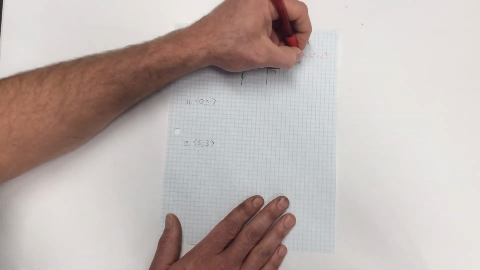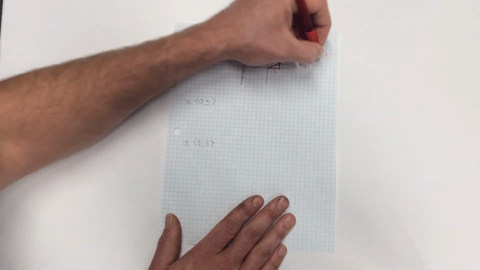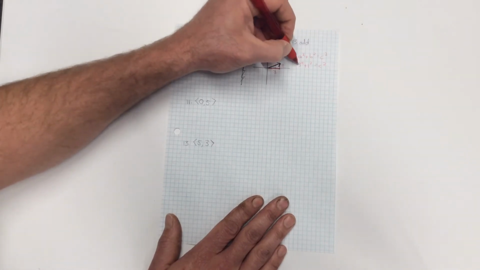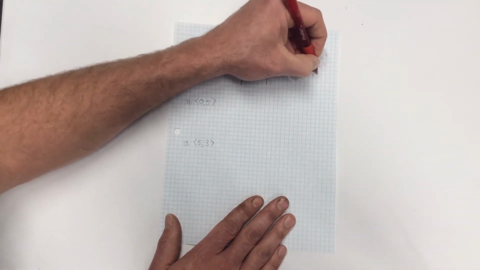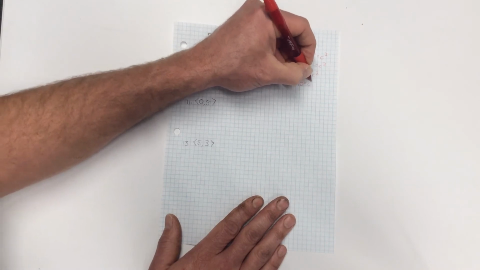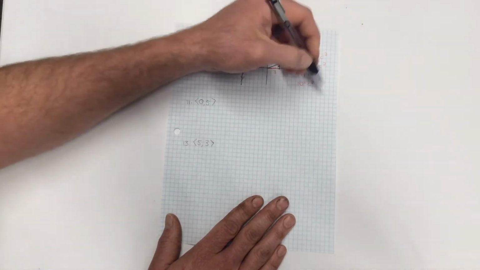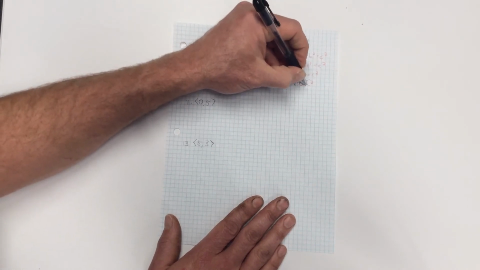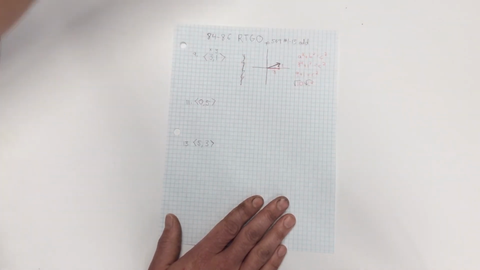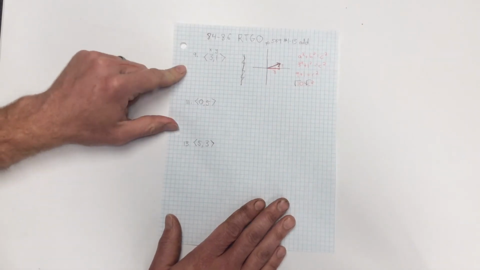So 3 squared plus 1 squared equals C squared. That's 9 plus 1, and then 10 equals C squared. The way that you undo squaring something is you square root it. That's your algebraic principles. So C is equal to the square root of 10.